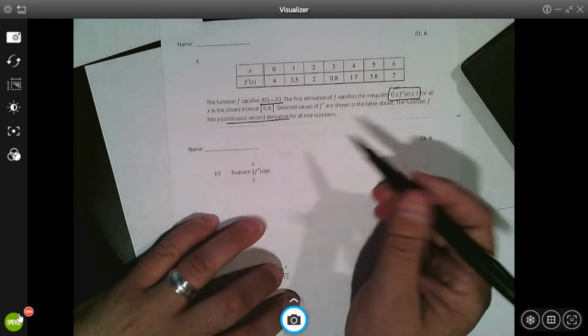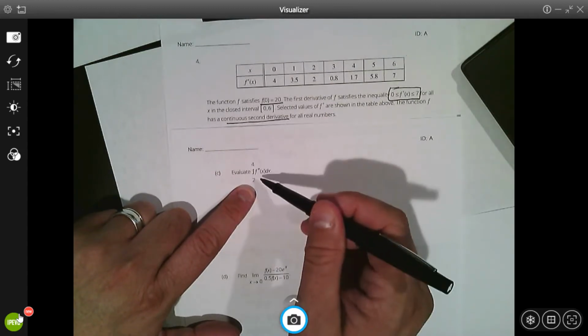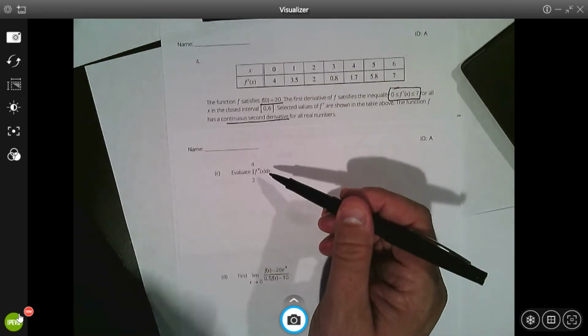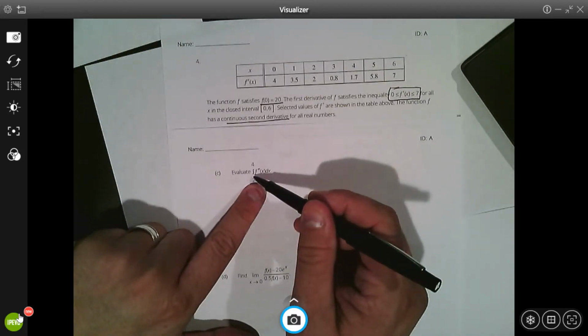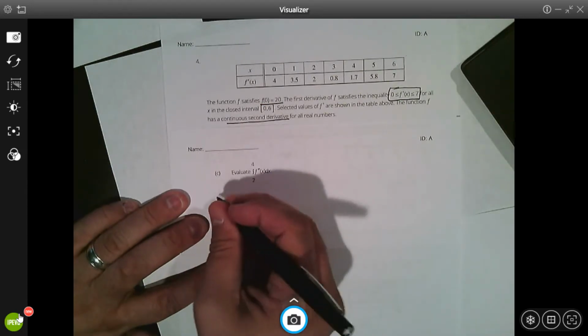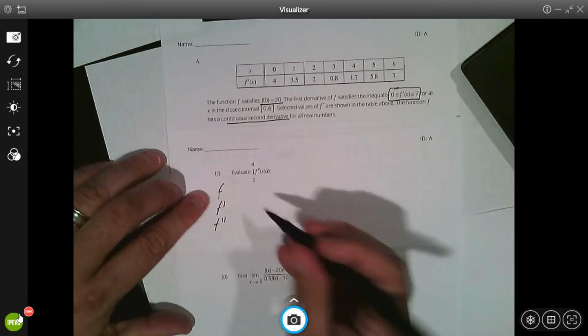In part C, we're asked to evaluate the integral from 2 to 4 of f double prime of x. Well, what do we know here? You're being asked to evaluate the integral of the second derivative. Here's f prime, here's f double prime.